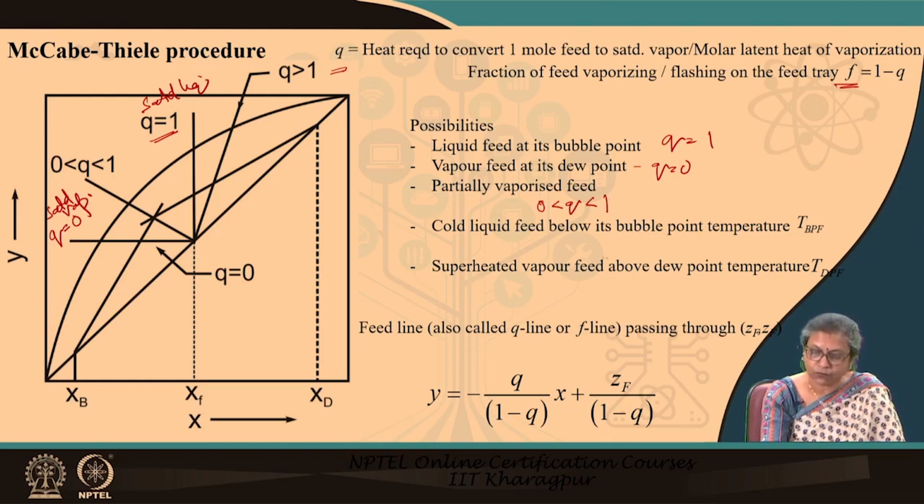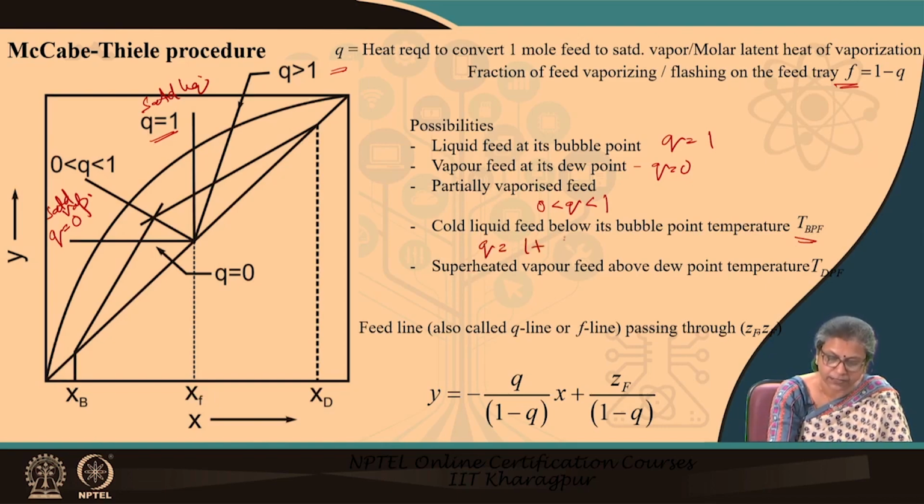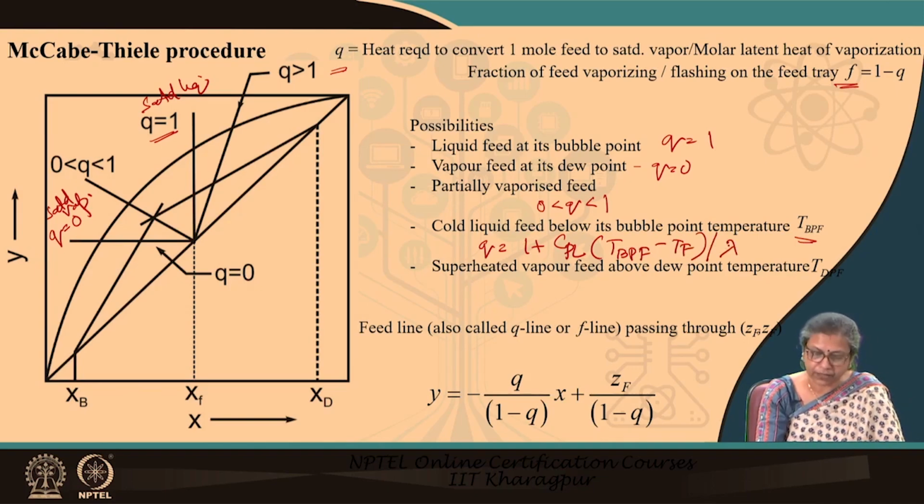And suppose we have cold liquid feed, what will you expect? Suppose the liquid feed is below its bubble point, then quite naturally Q will be 1 plus Cp of the liquid into the extent of subcooling, divided by lambda, right.